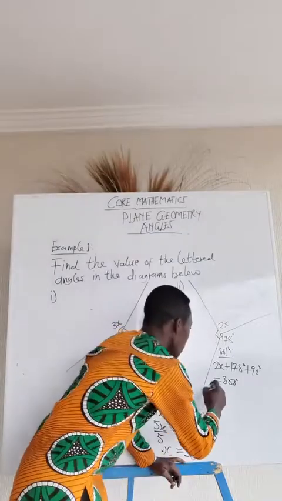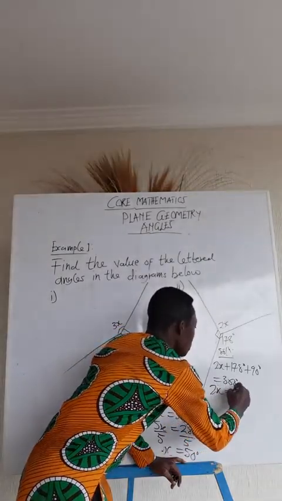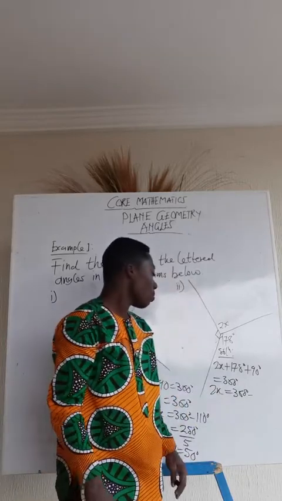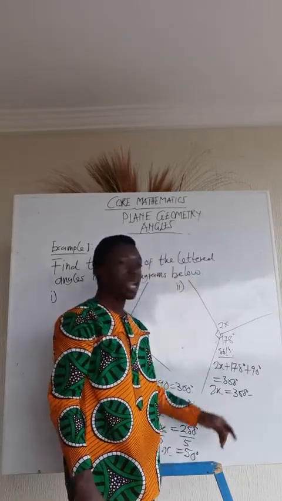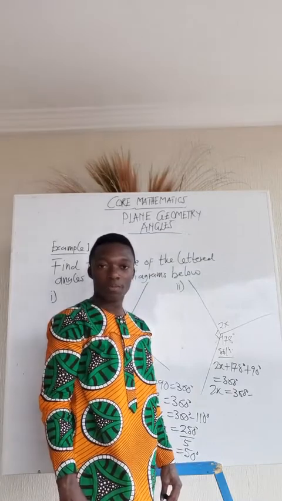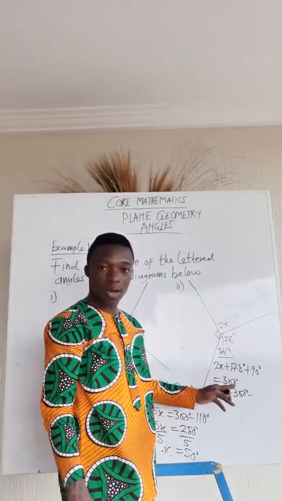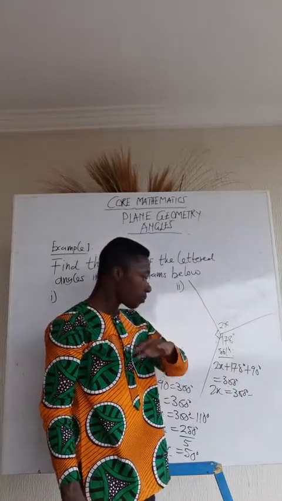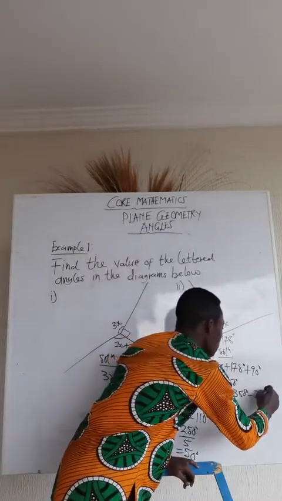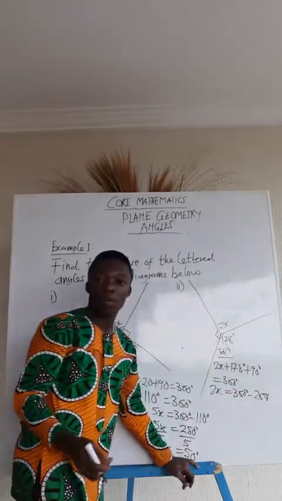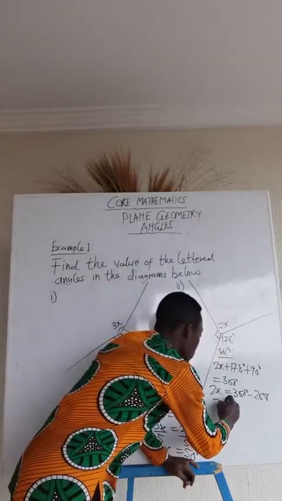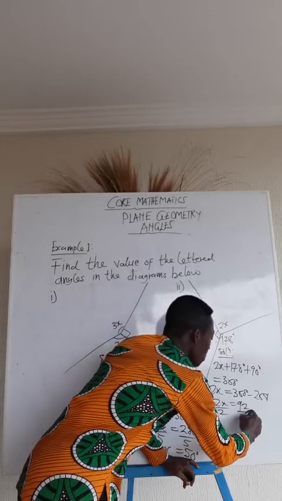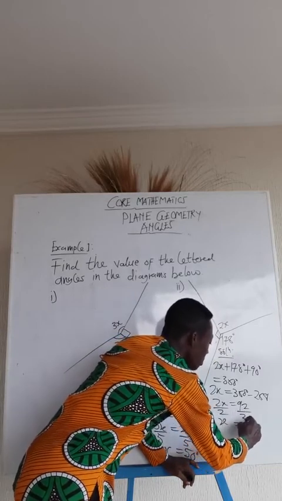So 2x is equal to 360 degrees minus, when I add 178 plus 90, 268. So I'll be getting 268. When I subtract from 360, I'll be getting 92. I can say that 2x equals 92. Divide both sides by 2. Therefore, my x is equal to what?